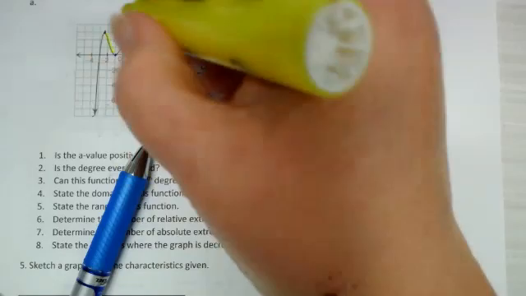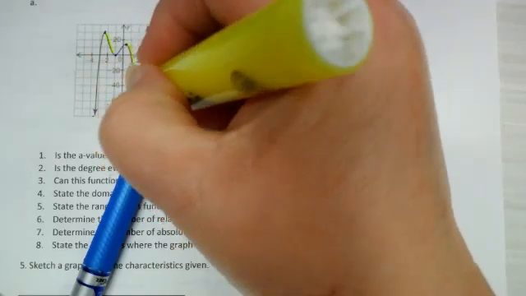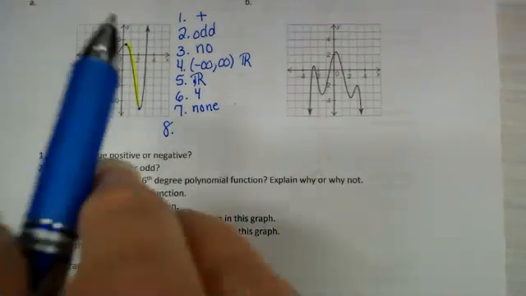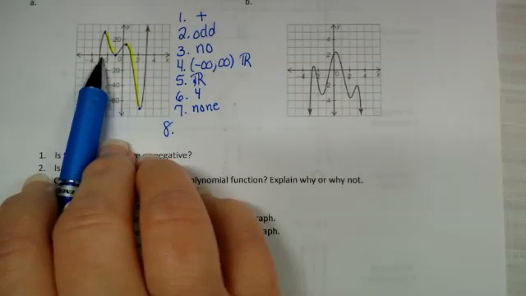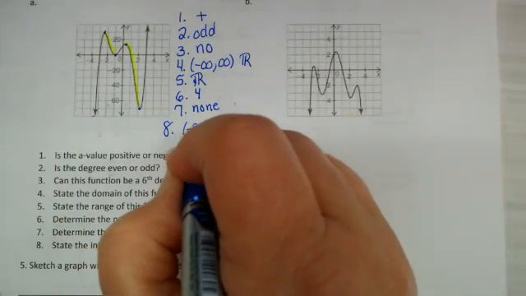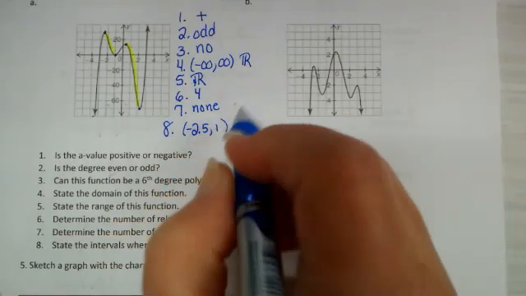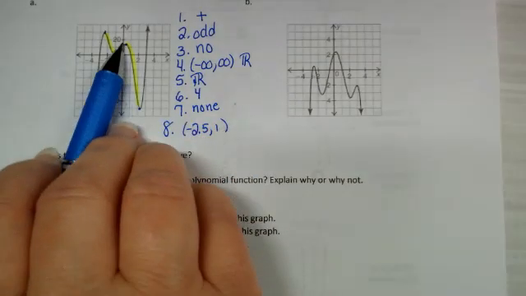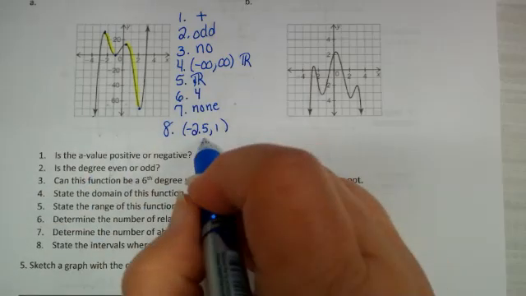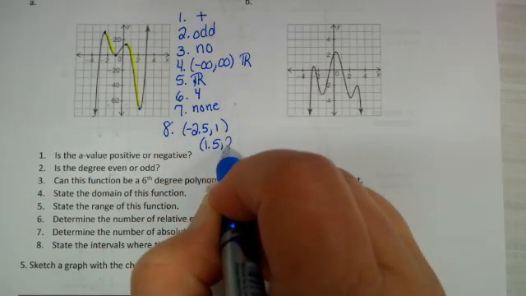It is decreasing here, and it's decreasing here. So let's express those intervals. Let's say, was it negative 2.5 to 1? And then over here from maybe 1.5 to a little more than 2. So I'm just guessing here, 2.2.